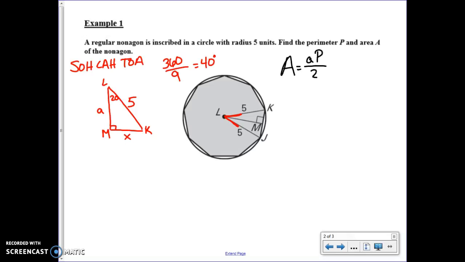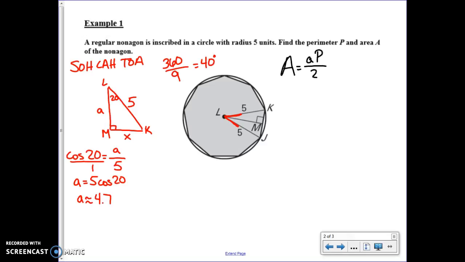Adjacent and hypotenuse would be cosine. So I have cosine of my degree measure is equal to adjacent over hypotenuse. So cross multiply here, and I get A equals 5 cosine of 20. And I would get then that A is approximately 4.7.